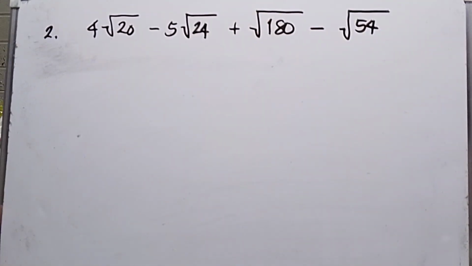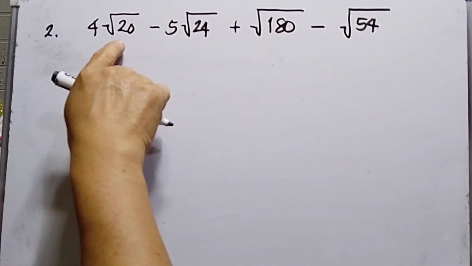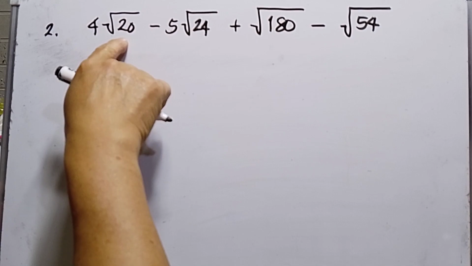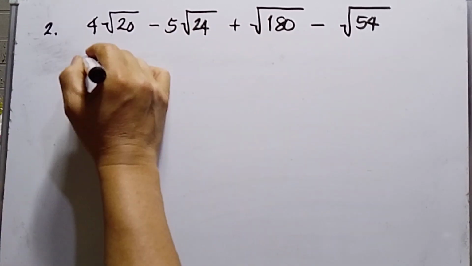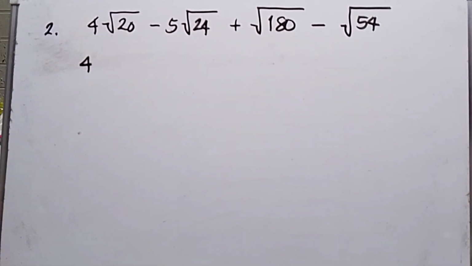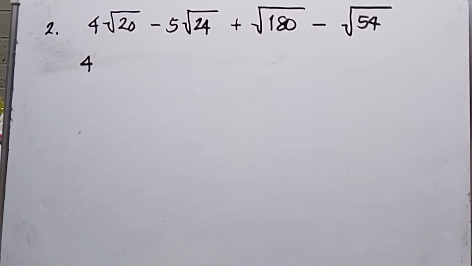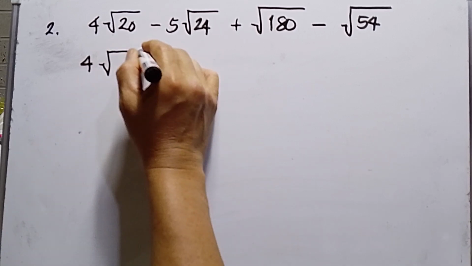So the same procedure. So at least we can come up with the factors that are perfect squares. So this will be the factor of 20 that has a perfect square. So it should be 4 times 5.